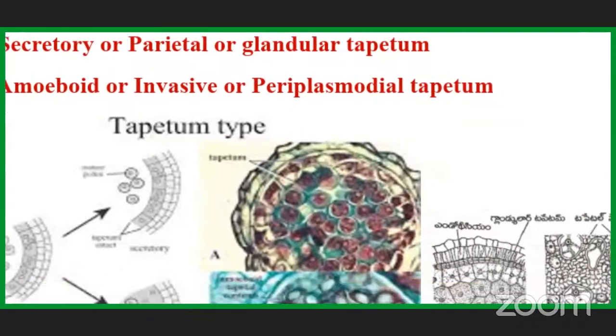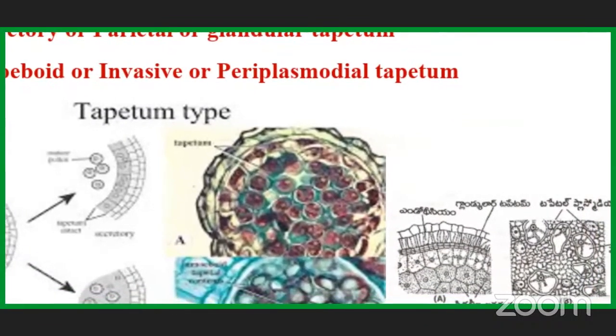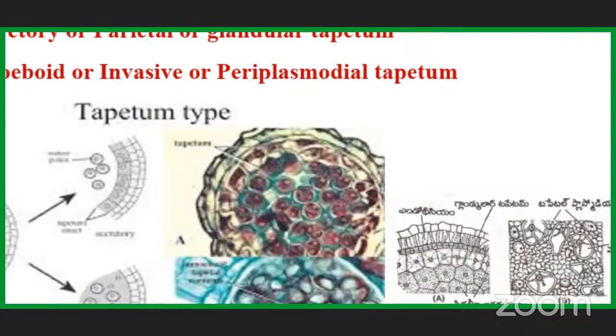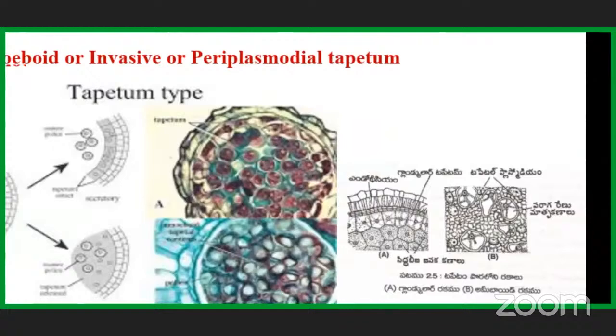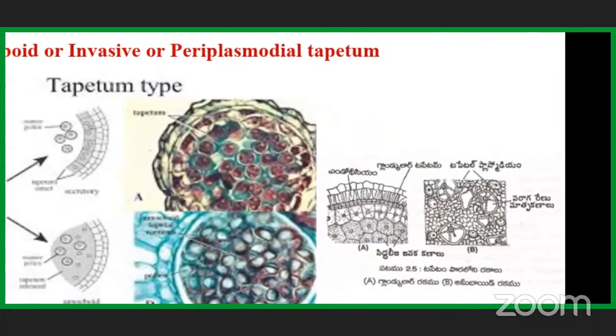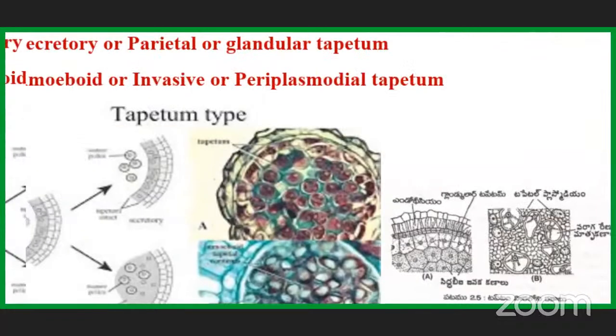It secretes the nutrition and it is not splitting any cell wall cells. It's within the inside. Whereas the amoeboid are invasive or periplasmodial tapetum, it splits all the tissues and all the cytoplasm will come towards the middle.